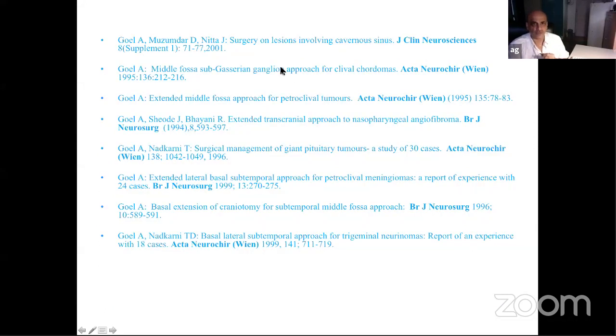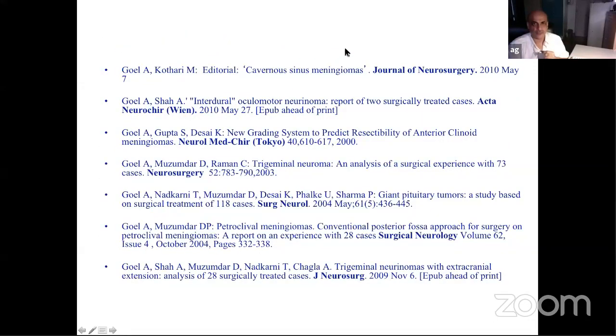There are several more articles on various tumors, on clival chordomas, on angiofibromas, on pituitary tumors, on petroclival meningiomas, and things like that. And these lists will be on the internet.